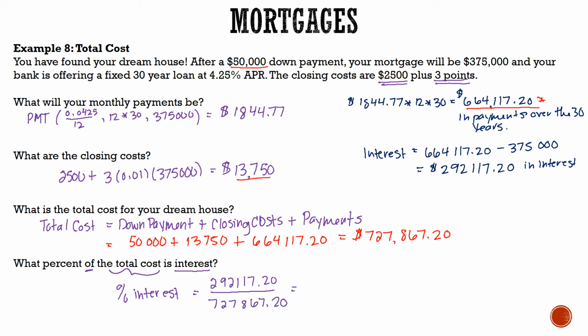And what that ratio comes to is, in a decimal, 0.40, or 40% of the total costs towards this house is in interest. That's a lot of interest. I mean, it's a pretty big investment, and the bank is having to go through a fair bit of risk to offer you that money, but still, that 15-year mortgage is looking pretty good in order to keep those numbers down.